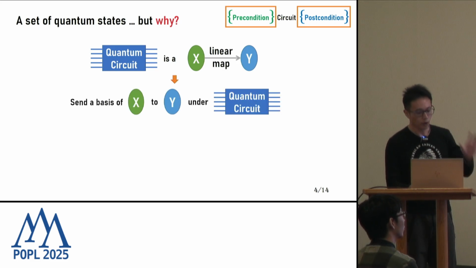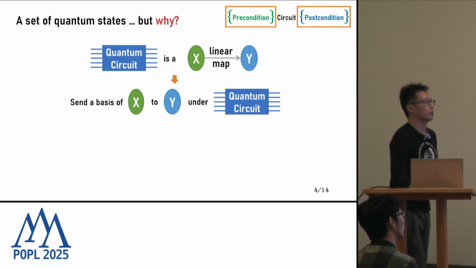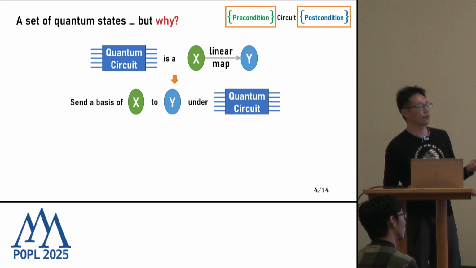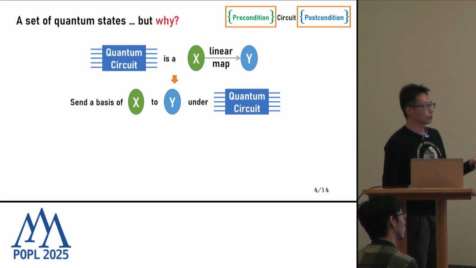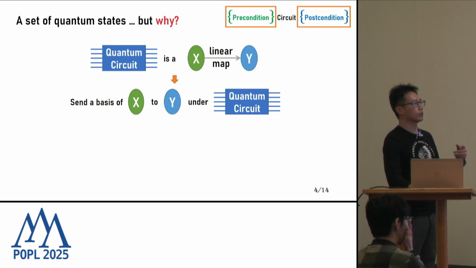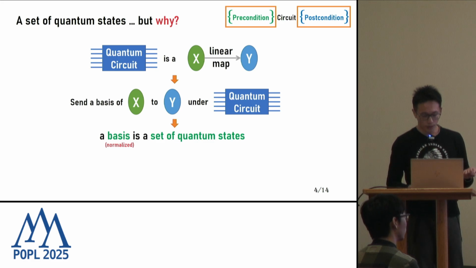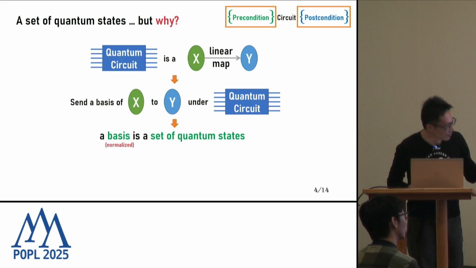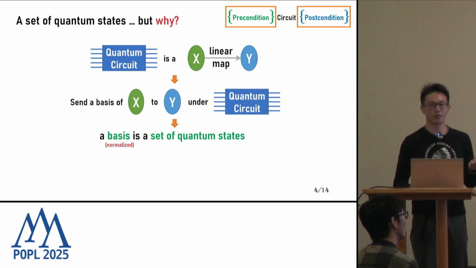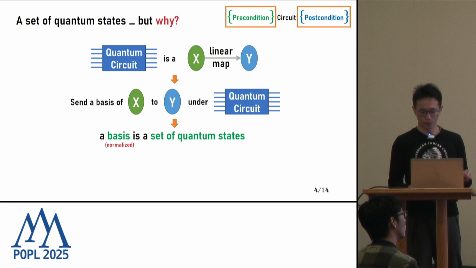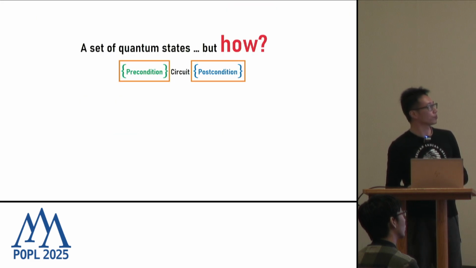So you can verify a quantum circuit by sending a basis of the domain through it and examining the result. You can check whether this quantum circuit actually corresponds to a certain linear map. And since a normalized basis is a set of unit length vectors, it's actually a set of quantum states. So this is the intuition.